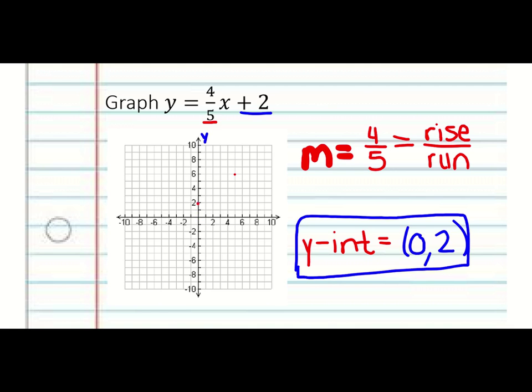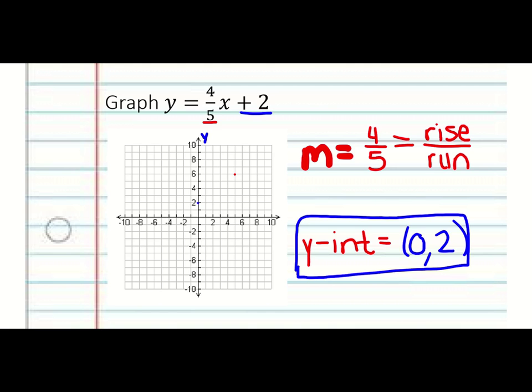We went up 4 units, this time I'm going to go down 4 units. It's still rising, it's just going down. And then I'm going to run left because last time I ran right. I've got to run 5 units because the run is 5. And where my cursor just landed, that's where I would plot my other point for my graph. I went down 4 and left 5 this time.